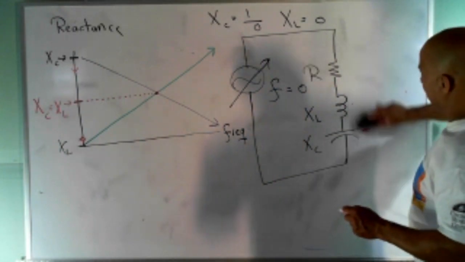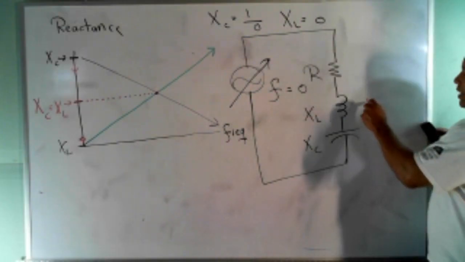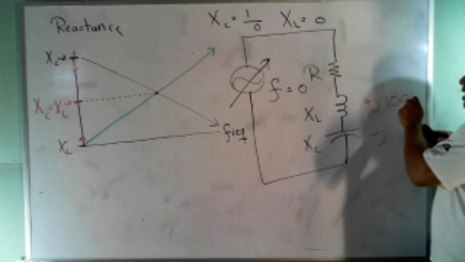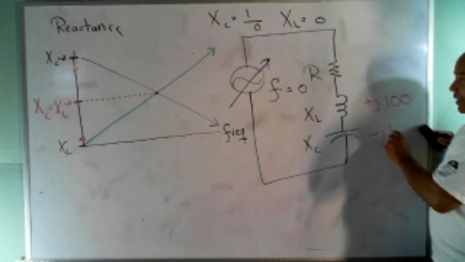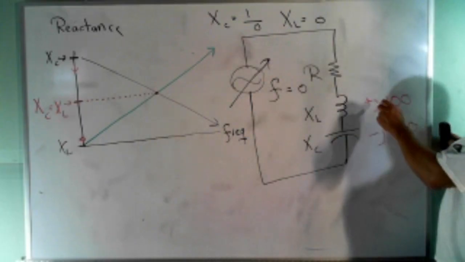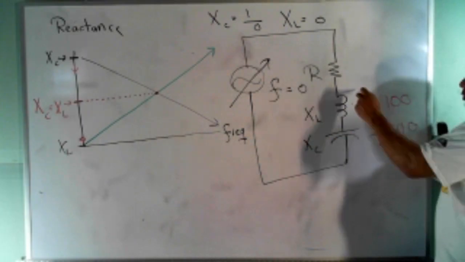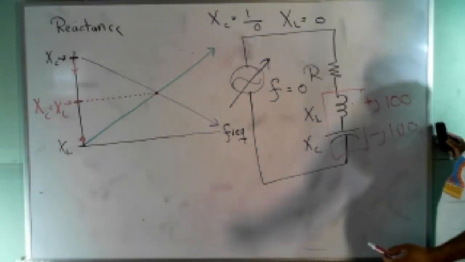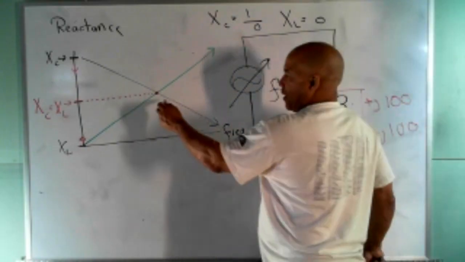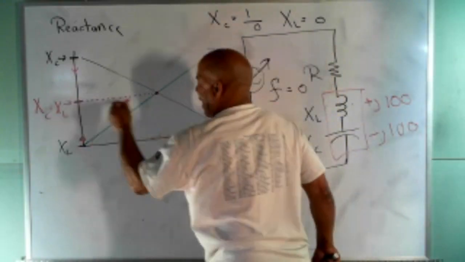Or remember that this has a plus J operator and this has a minus J operator. So let's just say this reaches 100 ohms. At this point right here, this is 100 ohms also, but one is positive, one is negative. So guess what happens right here? Right, they cancel out.